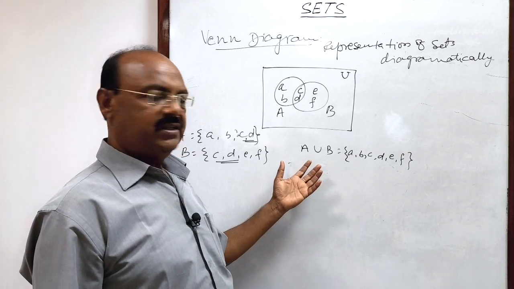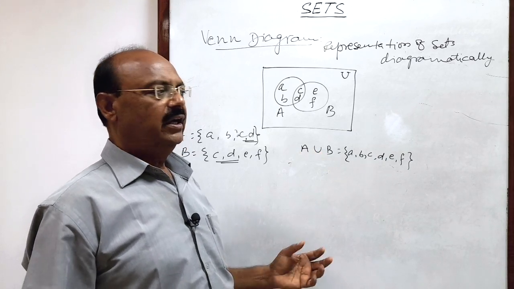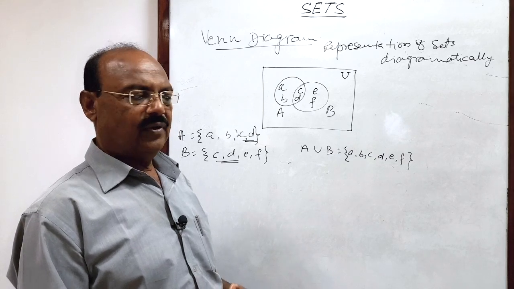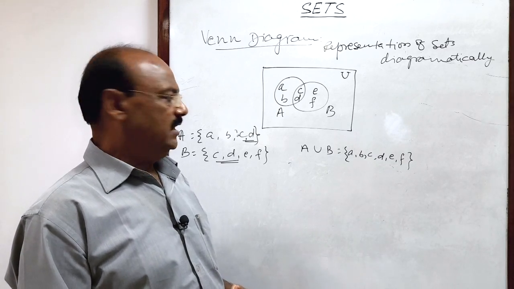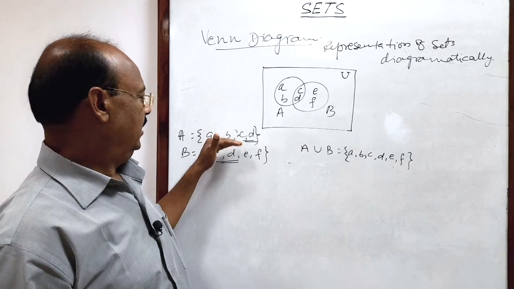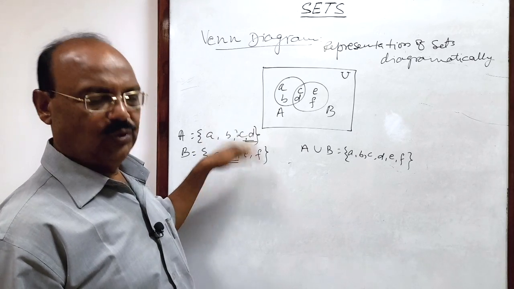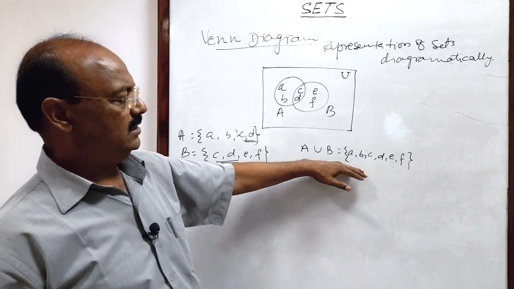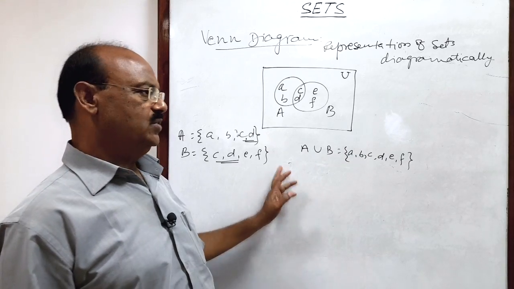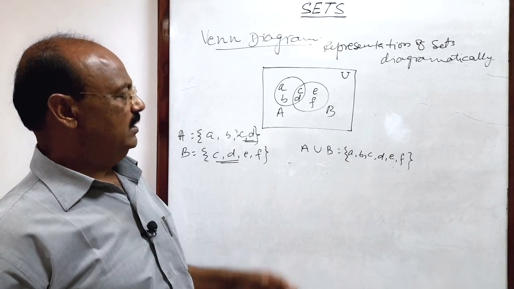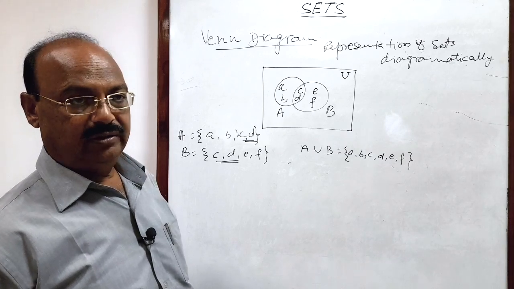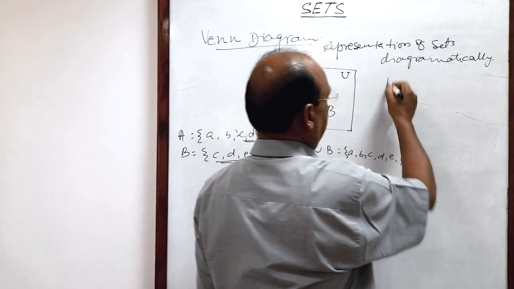And as we discussed, A union B is nothing but the collection of all the elements from sets A and B, whether these elements are available in A or B or in both, in common. And this A union B operation on these two sets A and B can be represented diagrammatically using Venn diagram like this.